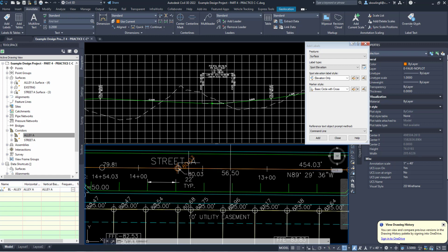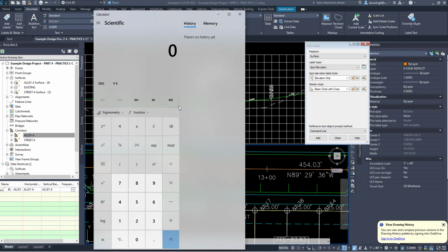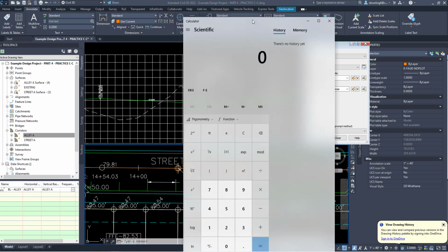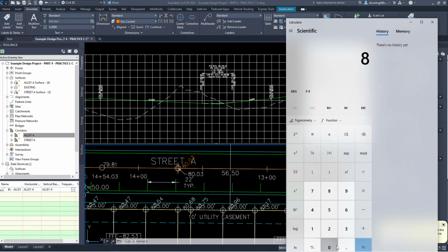If I go 80.03 minus 17.5 times 0.02. Let me see if I've got a calculator so I can show you on a calculator. Okay, so let me pull this over. So 80.03 minus parentheses 17.5 times 0.02 close parentheses equals.